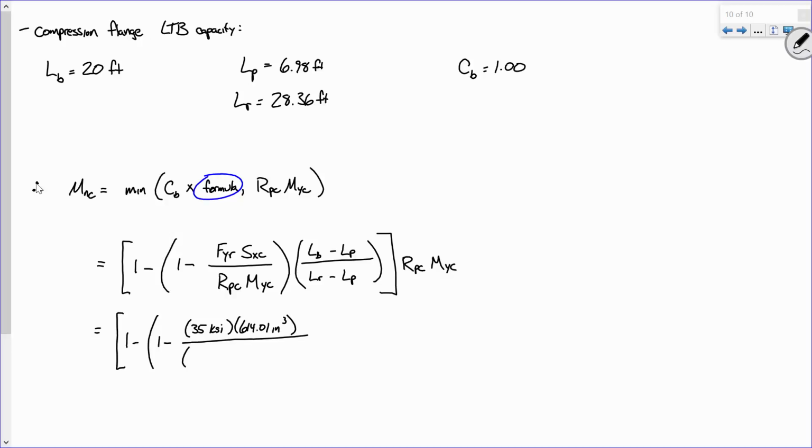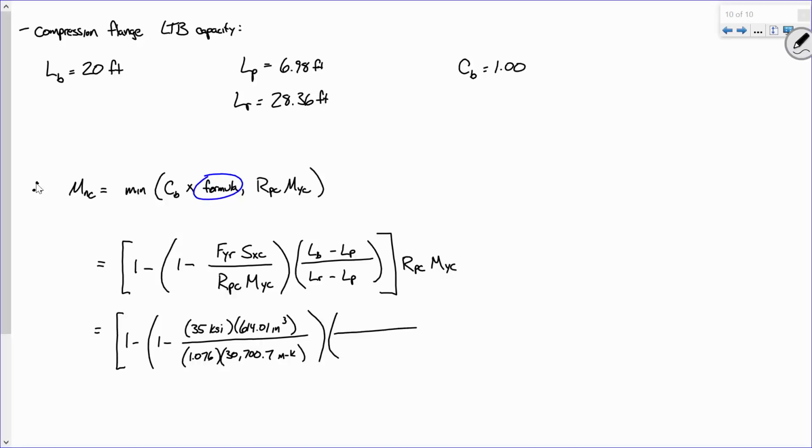Then we've got RPC, which came out to be, I think, 1.076. MYC was, in inch kips, 30,700.7 inch kips.